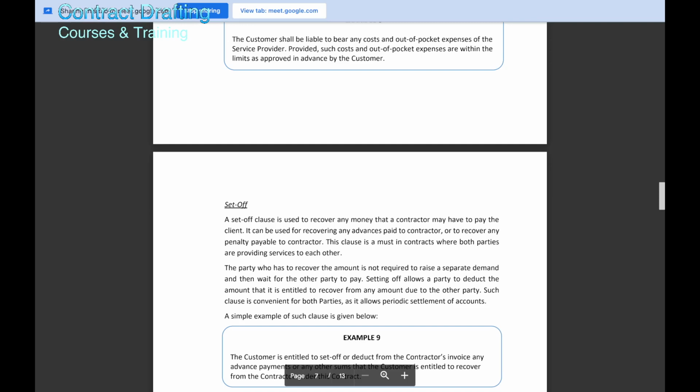The delay interest clause is very interesting because it has to be a reasonable amount. It cannot be an unreasonable amount. So, depending on the context, for example, in international contracts, LIBOR, which is London Interbank Offered Rate, is commonly used. In case of Indian parties, it can be considered as a reasonable sum if 8% interest per annum is there.